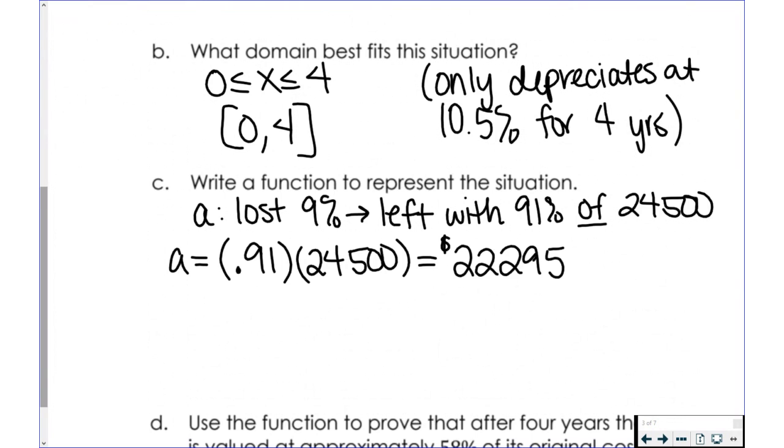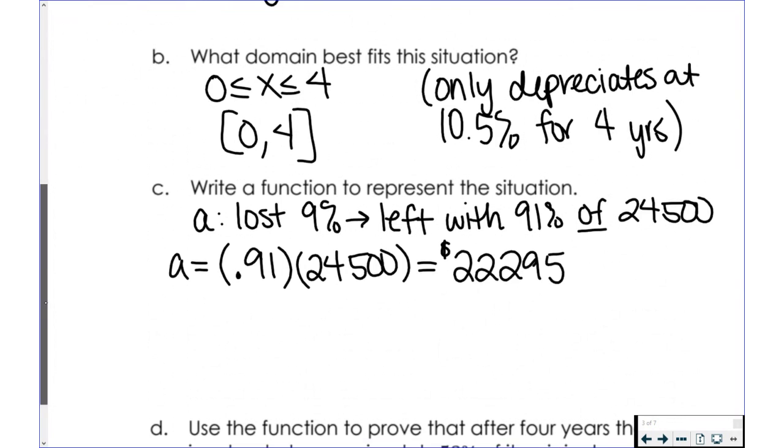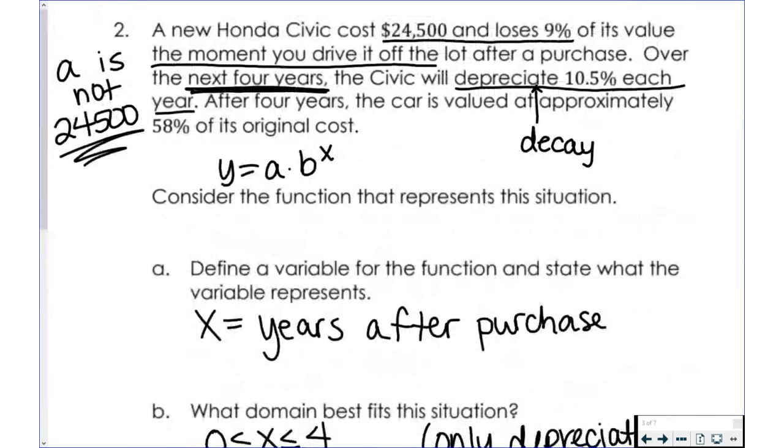We also need B. We said that this is going to depreciate, so that means B is 1 minus the rate. When it goes up, when it's increasing, it's plus. This is decreasing, so it's minus. 10.5% is 0.105.